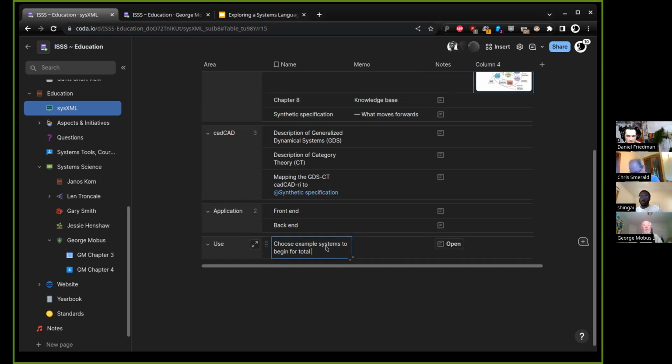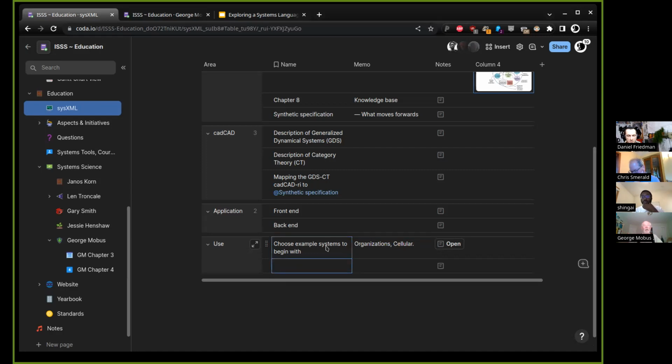But somebody who's really big on organizations, for example, modeling organizations, could tackle it. Somebody else who's really big on modeling cellular metabolism could tackle it. So just a couple of examples far enough apart that they demonstrate the power of the general theory itself, the general framework itself.